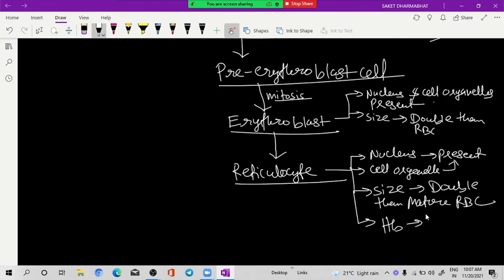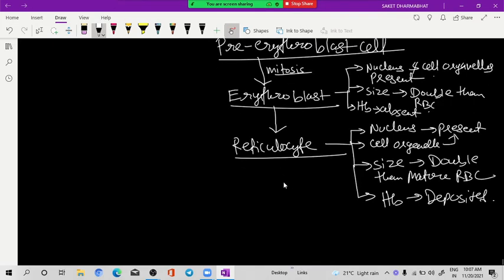Hemoglobin starts depositing in this stage. But here, hemoglobin is absent. Clear? Now, this reticulocyte, under the action of vitamin B12 and folic acid.